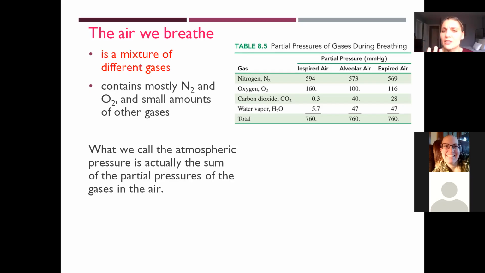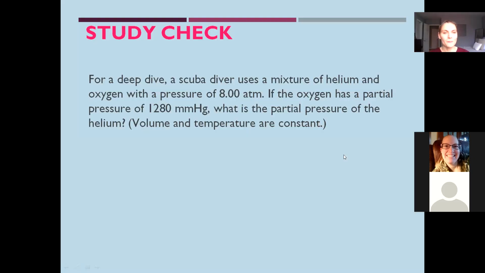So you think of nitrogen at 594, oxygen at 160, carbon dioxide at 0.3. You have water in terms of a gas that we think about. That totals up to make your 760 mmHg or your 1 ATM. So kind of a nice little nifty thing to think about and why that's important.